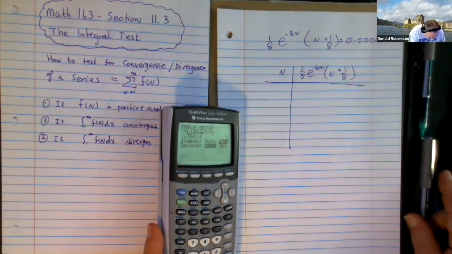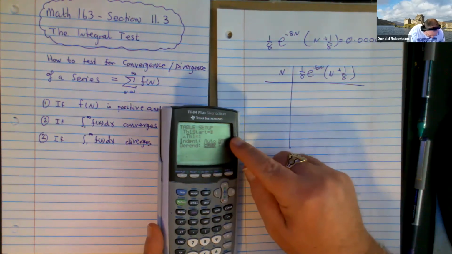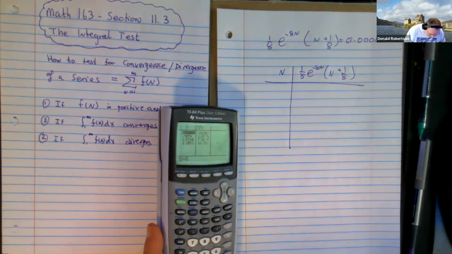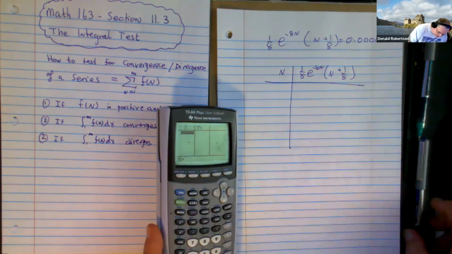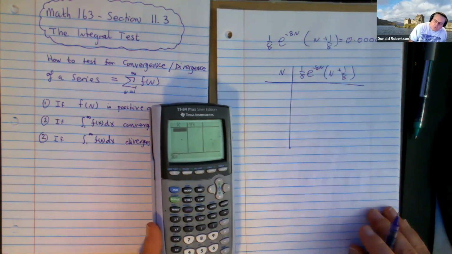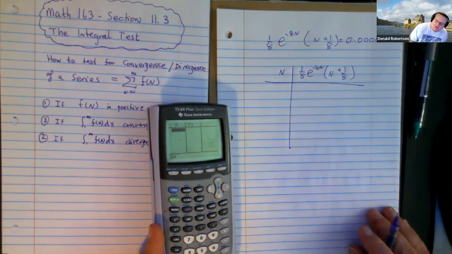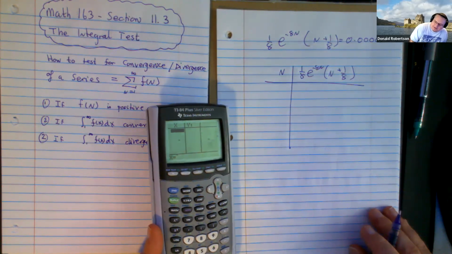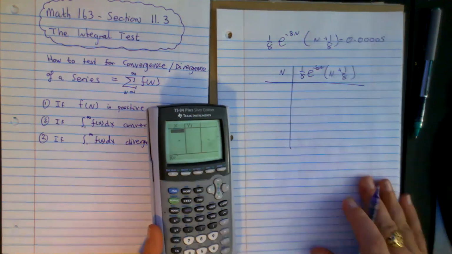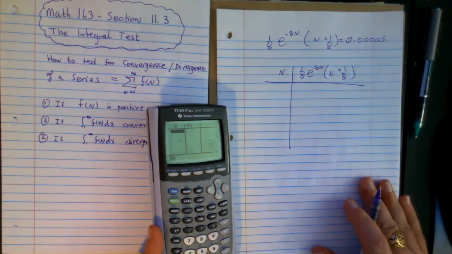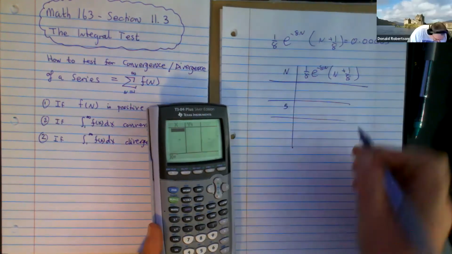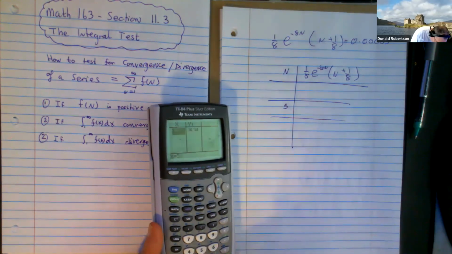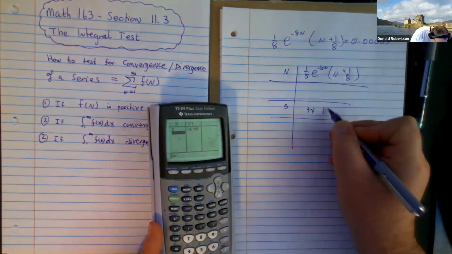I'm now going to go second table and clear out some old answers. And give me a guess, between 1 and 10, how many terms do you think you might need? Give me a guess, 1 to 10. 5. 5, good a guess as any, right? 5 is 3 times 10 to the negative 18.